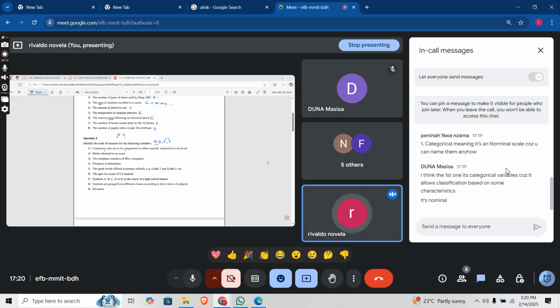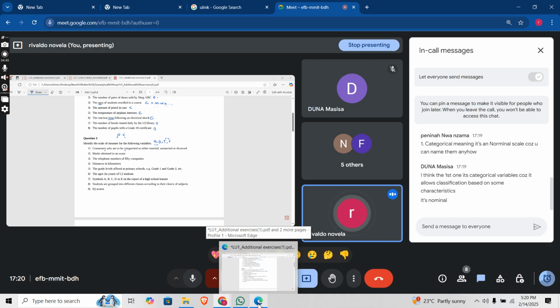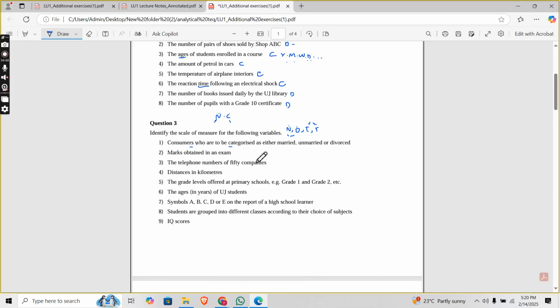That's 100% correct. We use the nominal scale because we can name these categories anyhow. They do not follow a specific order, or they cannot be ranked. Duna said the same thing, 100%. So we use the nominal scale here.